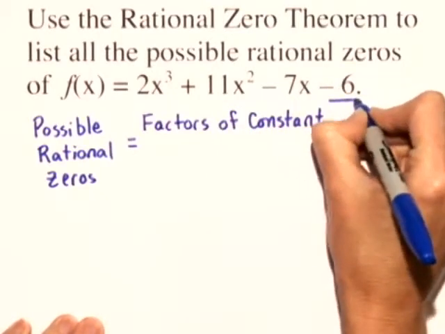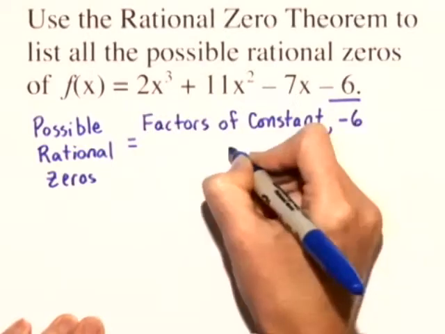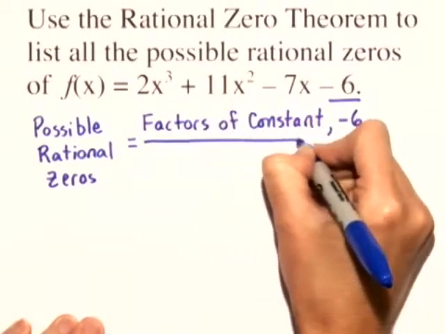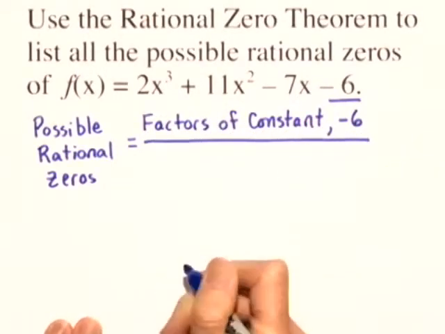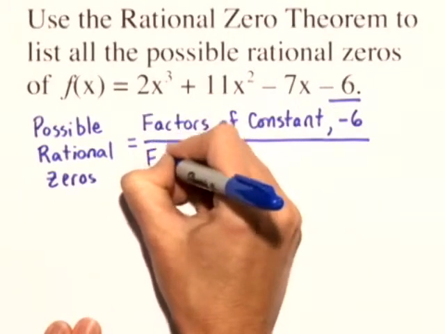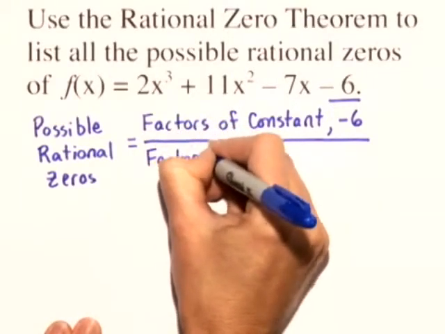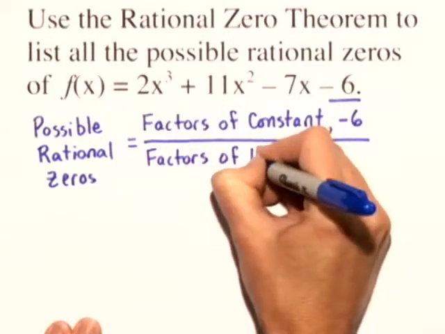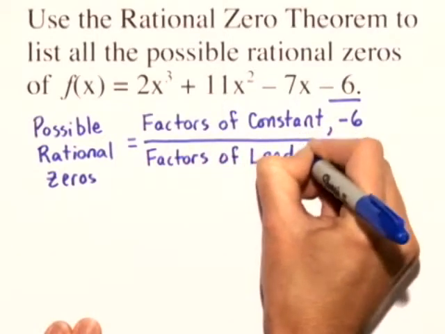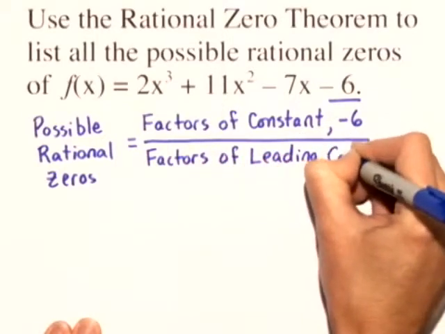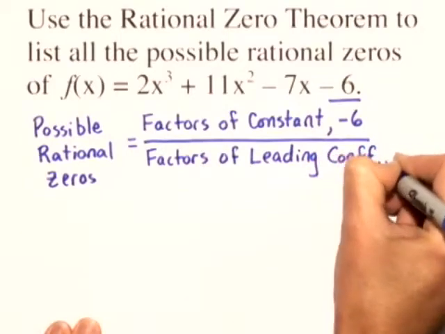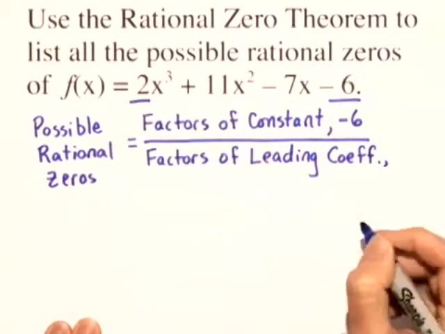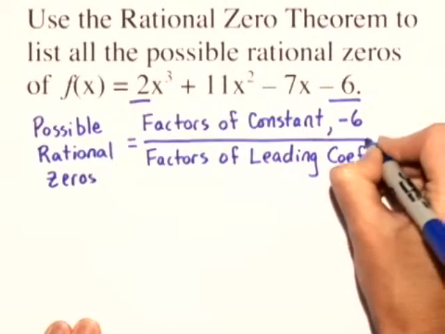In this case, our constant term is -6. Divided by, in the denominator, the factors of the leading coefficient. I'll abbreviate here. And our leading coefficient, in this case, is 2.